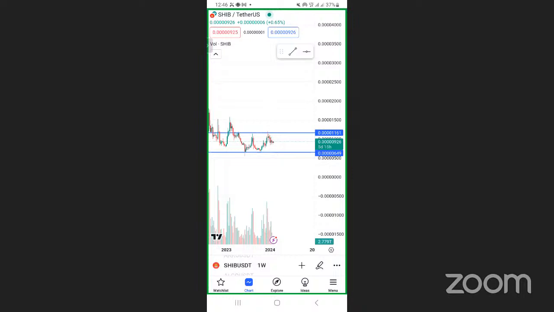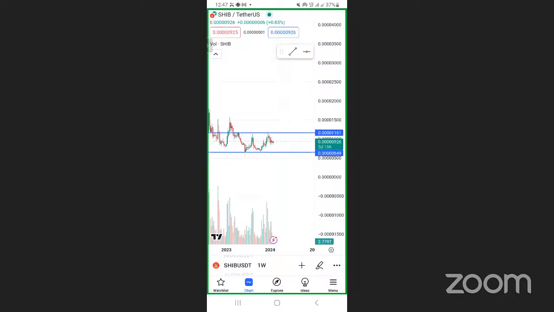So if you realize that a coin like this is ranging, just keep entering, tell the robot to buy every time the price reaches the range low. We'll call this the range low, and then this is the range high. You get it? The lowest price in the range and the highest price in the range.